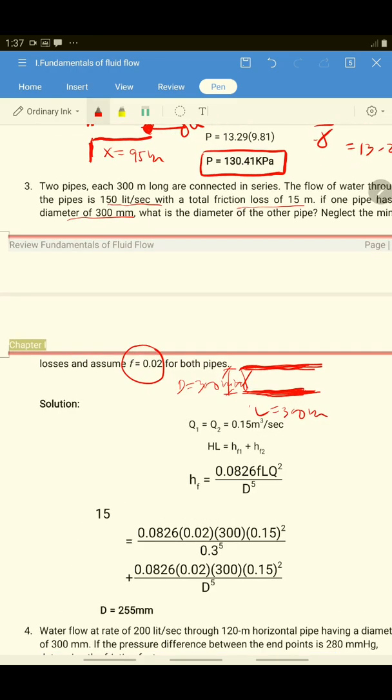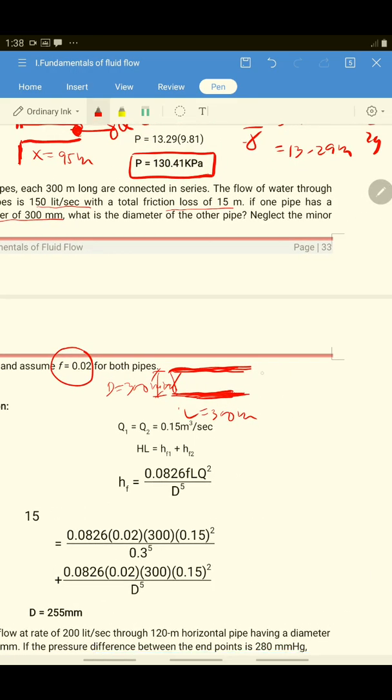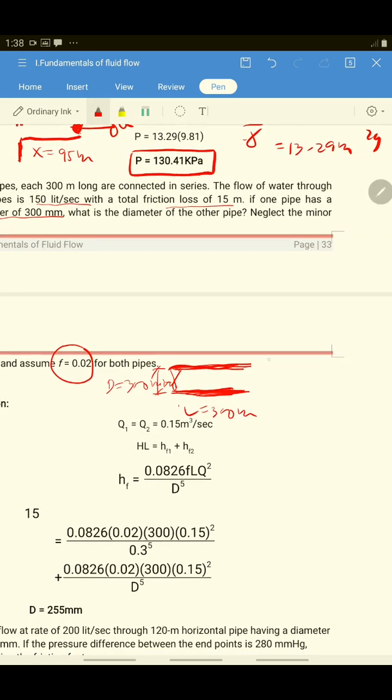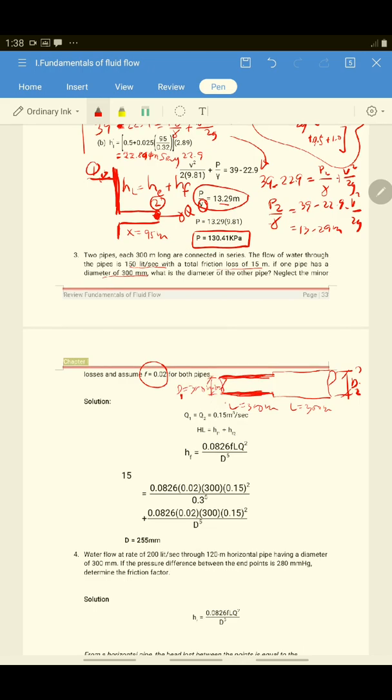So we don't know if the diameter is greater or lesser, as long as their length is 300 meters. We let this one be D1 and this one D2.